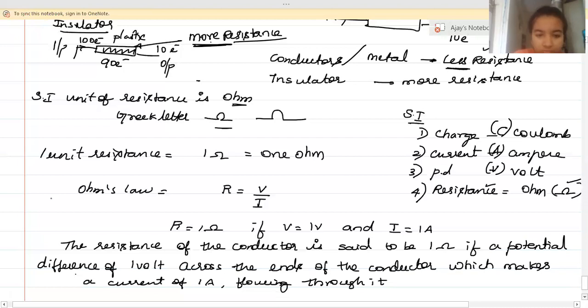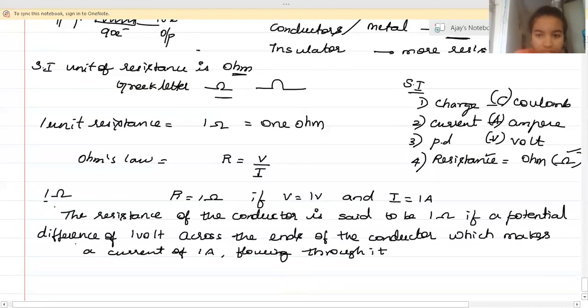So this is the definition of 1 ohm. What is 1 ohm? The resistance of the conductor is said to be 1 ohm if a potential difference of 1 volt across the ends of the conductor makes a current of 1 ampere flowing through it.